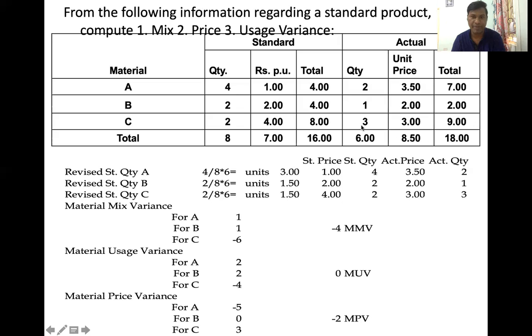So 1.5 minus 3 is negative 1.5, into the standard price 4, equal to minus 6. This is for C. Take the total and the net answer will be minus 6 plus 2, which is equal to minus 4. That is material mix variance.